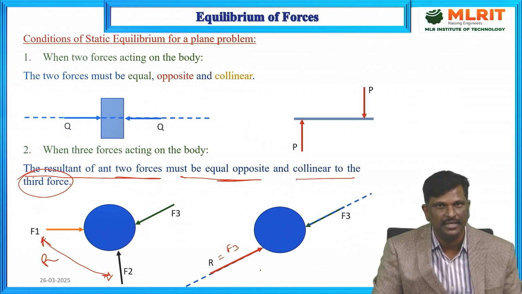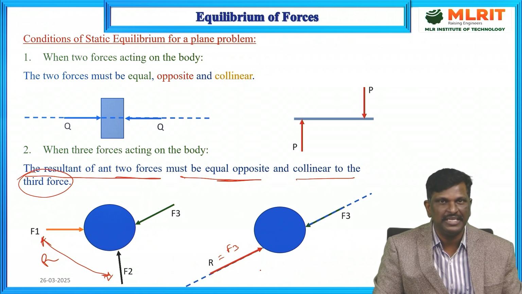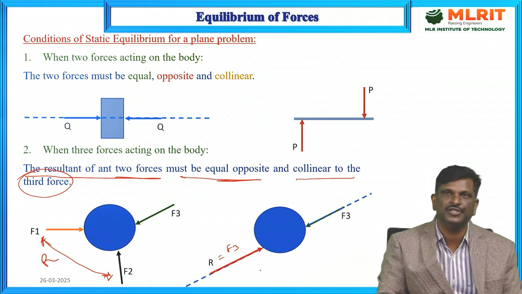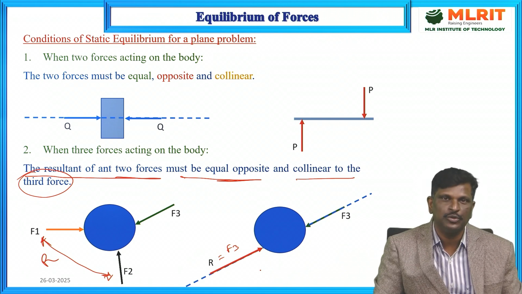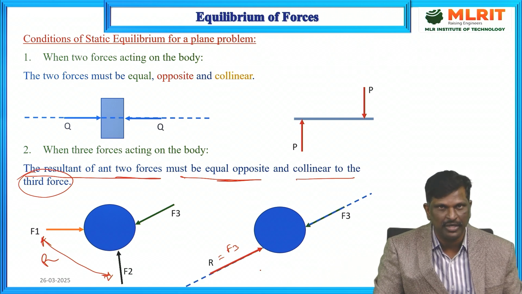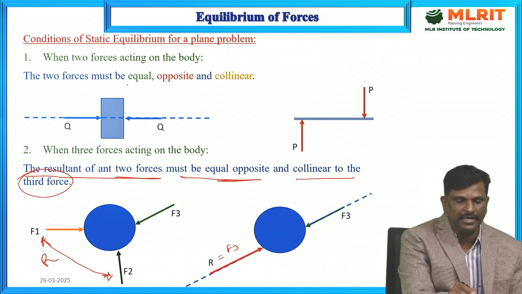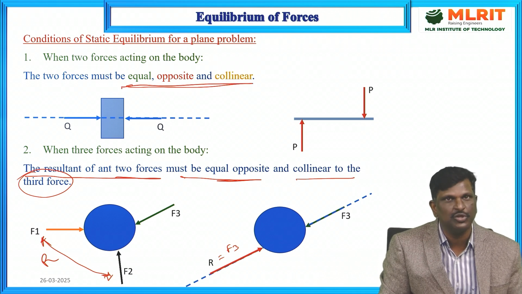Or we can say the resultant of any three forces must be equal, opposite and collinear to the other force. Like that we can write the condition. If more than two forces act on the body, we will reduce the system to only two forces and apply the same condition: equal, opposite and collinear.